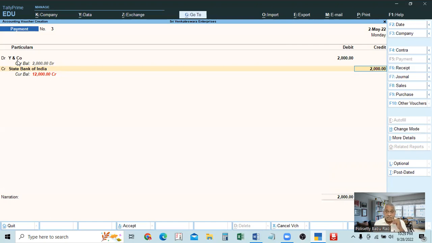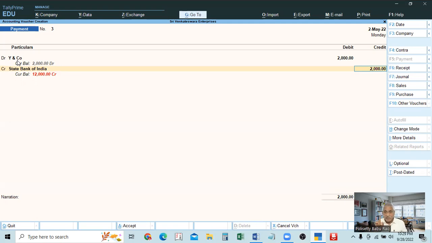In this case, if you pay through bank, we have to give the details of how we paid, check or through some means, check or by e-funds transfer like RTGS, etc. In the case of check, the check number. In the case of RTGS, some code number will be there. That number we have to enter.